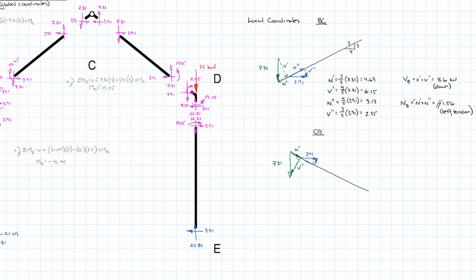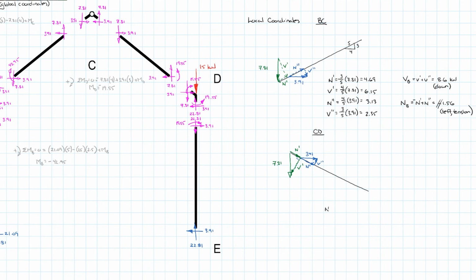Draw the arrows in here. So that's going to be N double prime and V double prime there. Now all I have to do is resolve those. Again, using the 3, 4, 5 triangle, I'm just repeating the process that we used earlier.